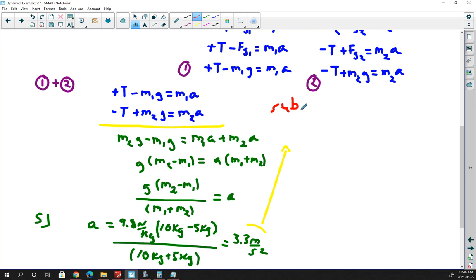There we go. Into equation 1. So take a look at equation 1. Positive tension, mass 1 is 10 kilograms.